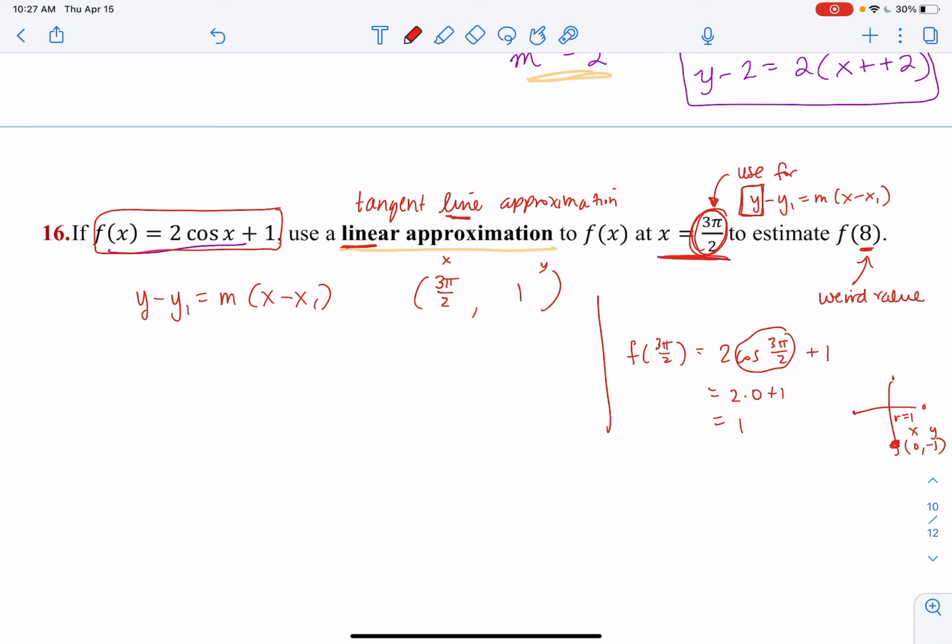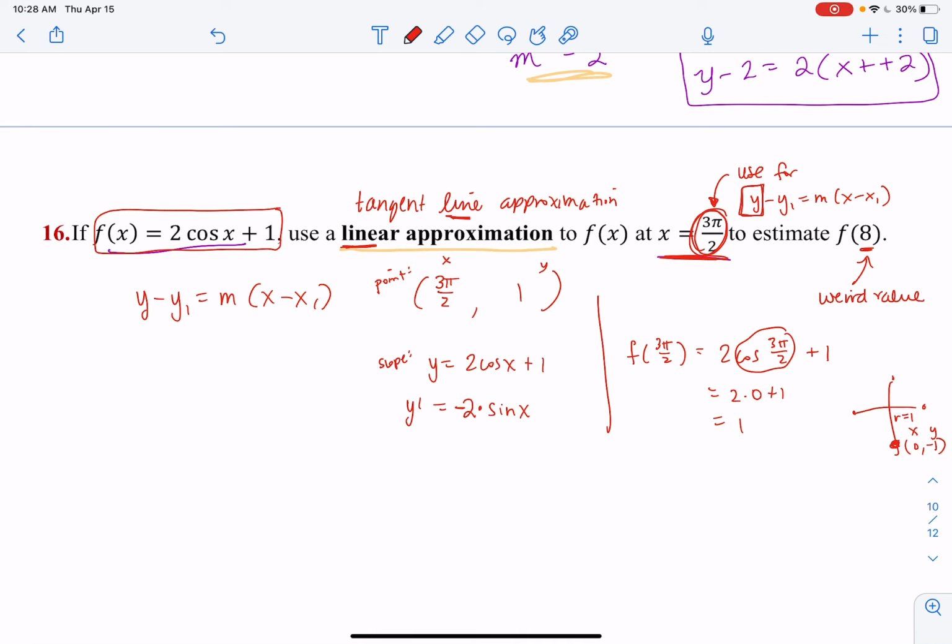Next, we need the slope. So that's our point. We need the slope. Well, if y is equal to 2 cosine x plus 1, then the slope is going to be 2 times negative sine, or -2 sine x, and that's it.